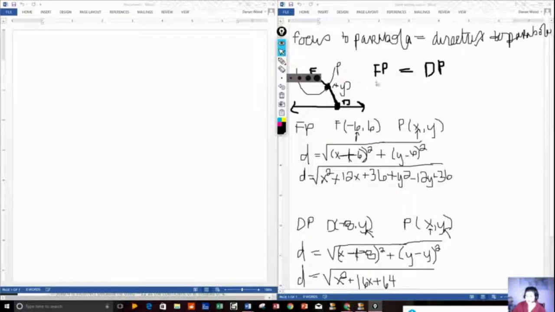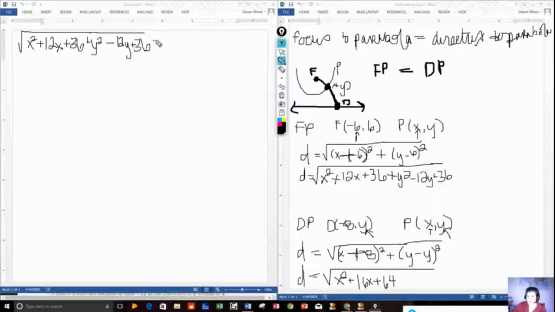Now, since we know that the distance from the focus to the parabola is the same as the distance from the directrix to the parabola, let's set these two distances equal to each other. So here's our distance from the focus to the parabola. So we have the square root of x squared plus 12x plus 36 plus y squared minus 12y plus 36.